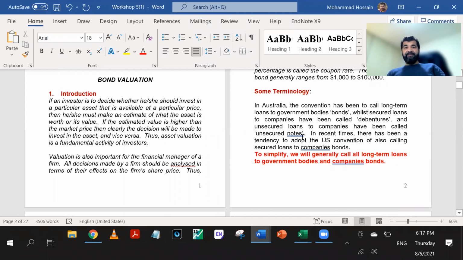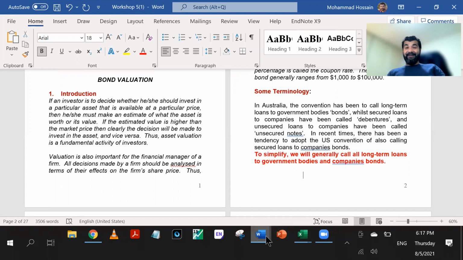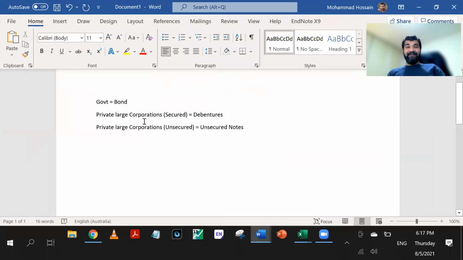Unsecured loans to companies have been called unsecured notes. In recent times, there has been a tendency to adopt the US convention of also calling secured term loans to companies bonds. So this debenture is also called bonds, like in the USA.